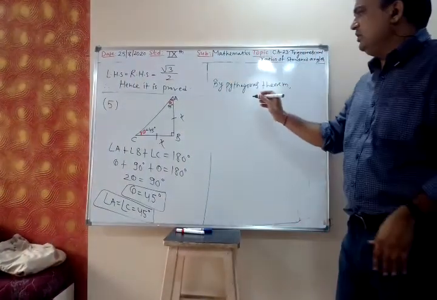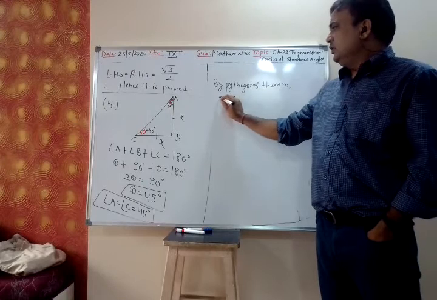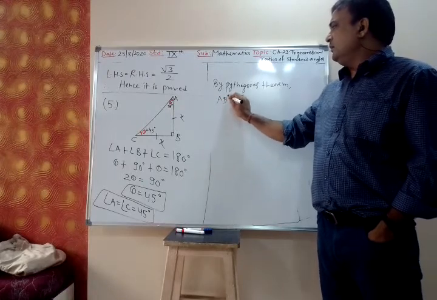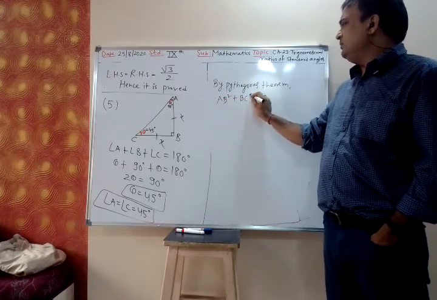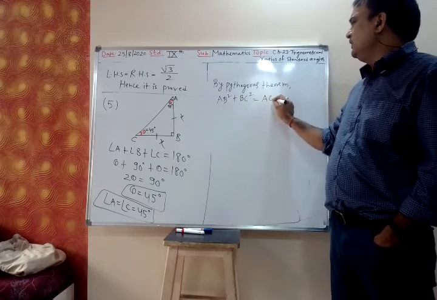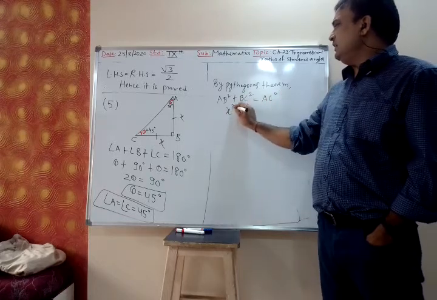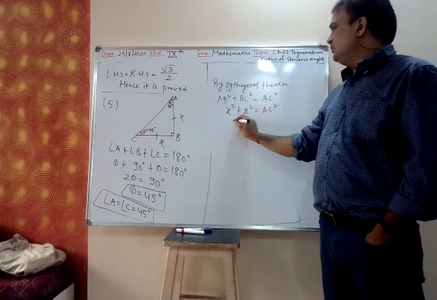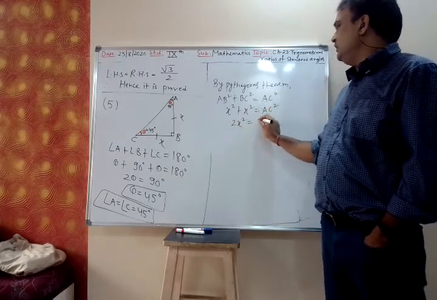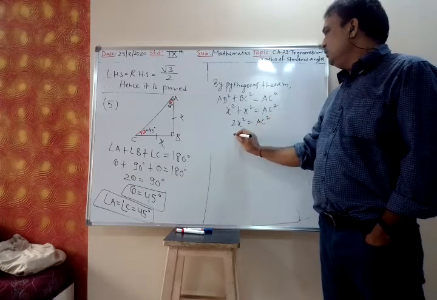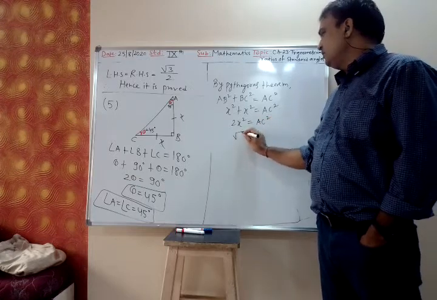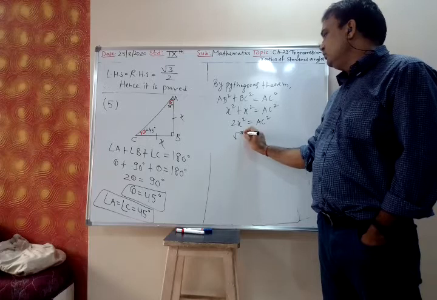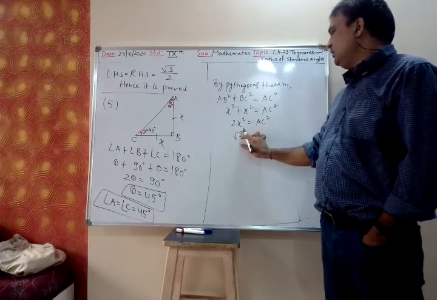By Pythagoras theorem, AB square plus BC square is AC square. So x square plus x square is equal to AC square. So 2x square is equal to AC square. Taking the square root, root 2, then square root of x square is x.